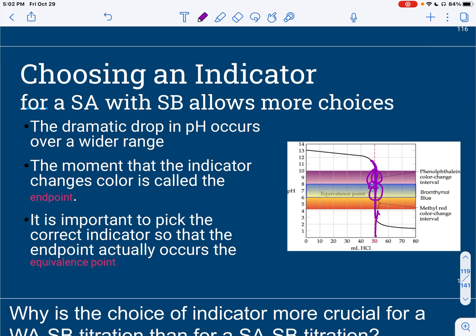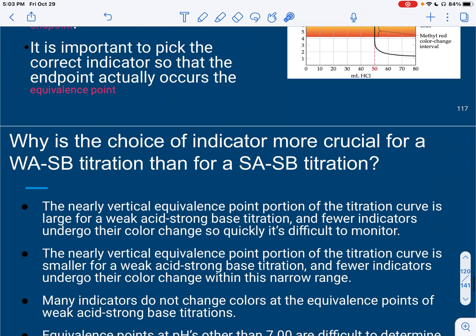If we picked bromothymol blue, we would hit 50 milliliters. If we picked methyl red, we would hit 50 milliliters. So it's really easy to pick an indicator for a strong acid and strong base because our vertical is so long, okay? The reason it's so much easier is because you have so much more flexibility there.